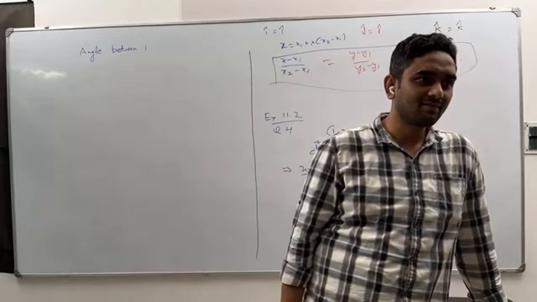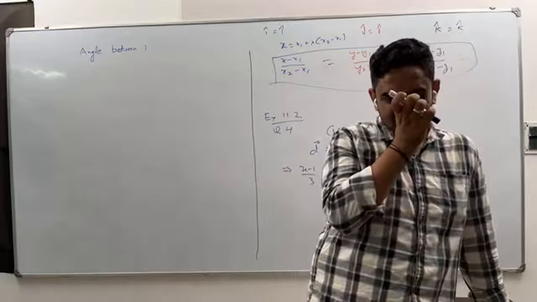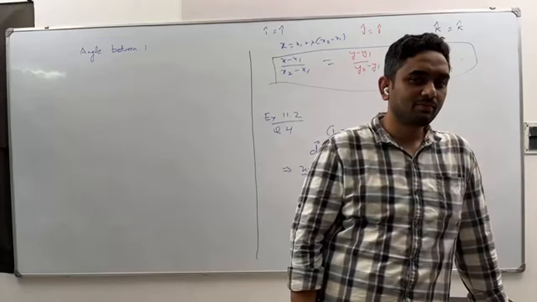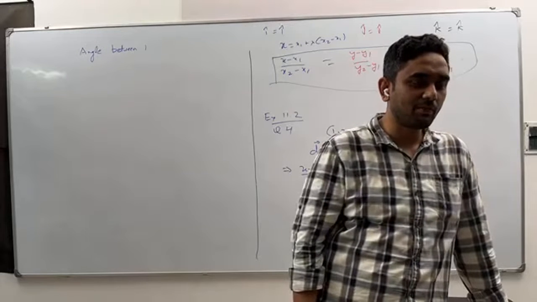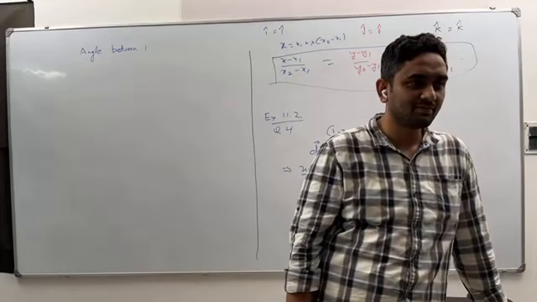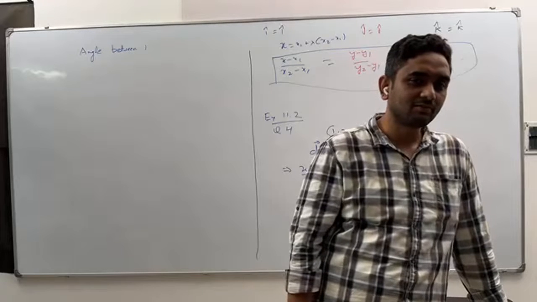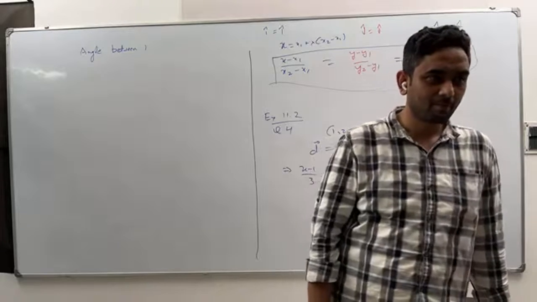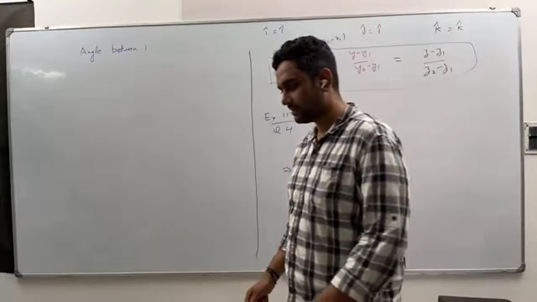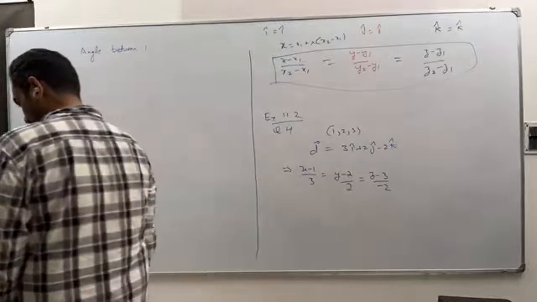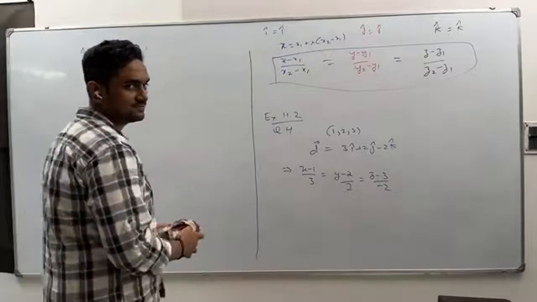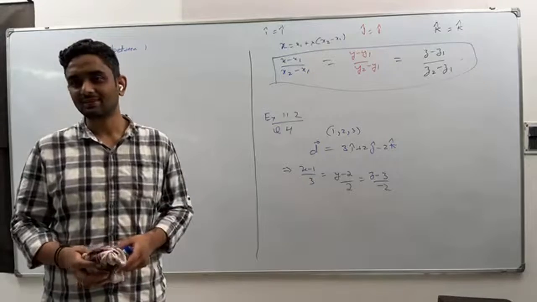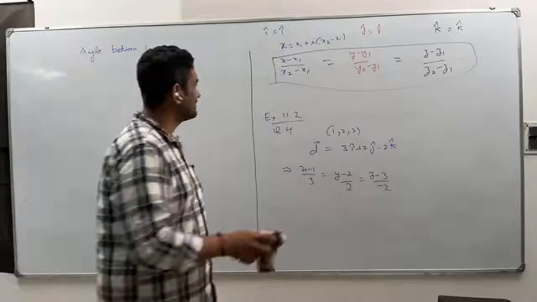Shortest distance between the two lines, that should have been removed, it would have been better for you because this is very simple. Not there. Okay. No issue.